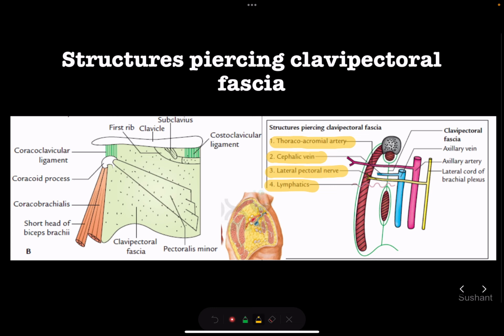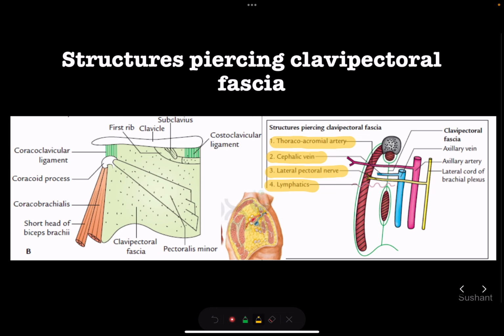The cephalic vein is formed on the dorsum of the hand in the roof of the anatomical snuff box from the lateral end of the dorsal venous arch, joined by two veins from the thumb, one vein from the radial side of the index finger. We will talk about the veins in another video.